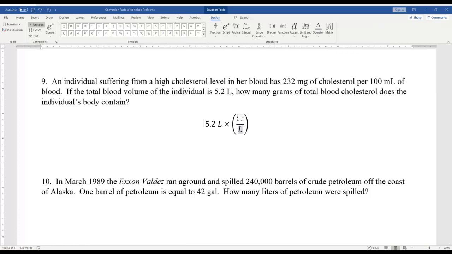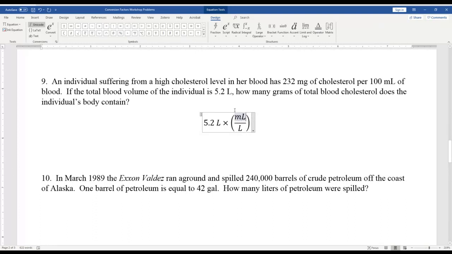Okay. And then what unit goes on the top? Oh yeah, milliliters. Yep, there you go. Okay, so yeah, we have to convert liters to milliliters first.